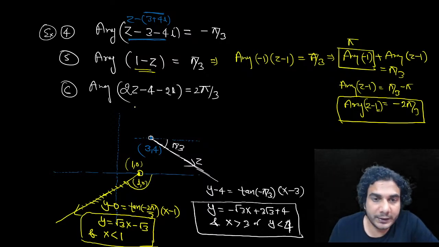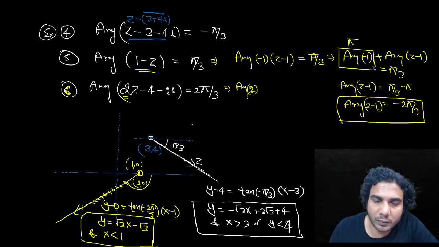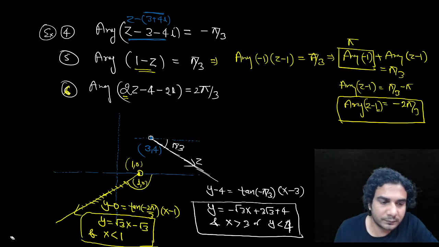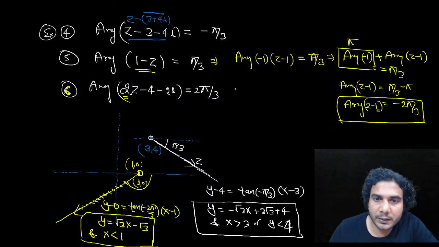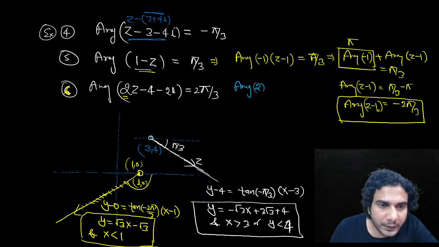Okay, so now let's do the sixth one. In this you can see the coefficient of z is 2, so you can take this common. So the argument of 2 you can separate. If you take 2 common, this is going to be divided by 2 here.